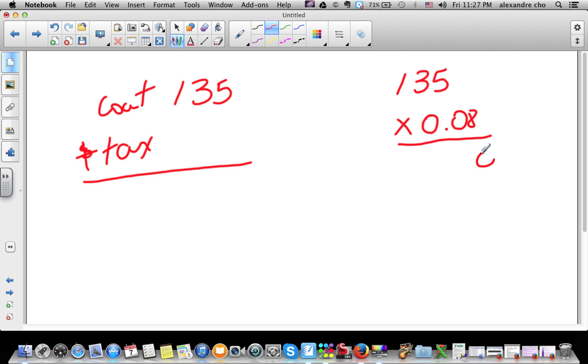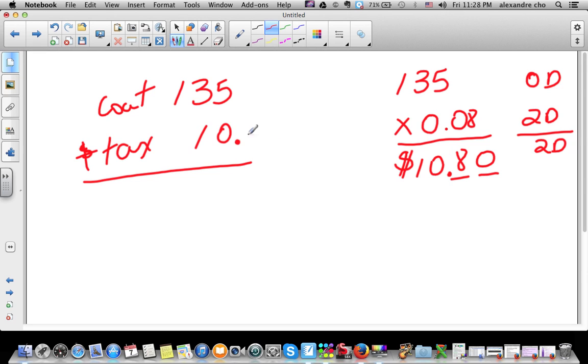Okay, so I forgot to do this: there are no decimal places here, there are 2 decimal places here, which means my answer should have 2 decimal places, so I'm going to put the decimal right here. So my tax, which is 8% of 135, which is a little part of 135, is $10.80.